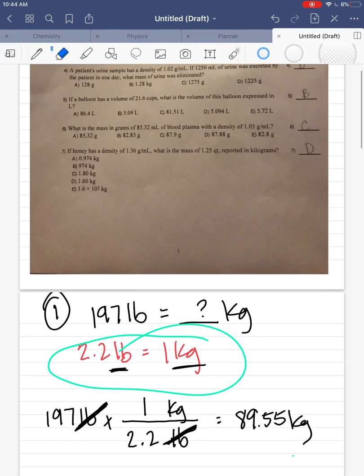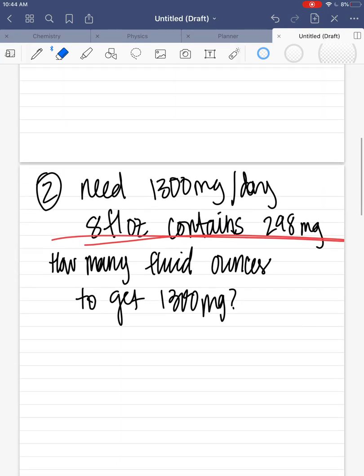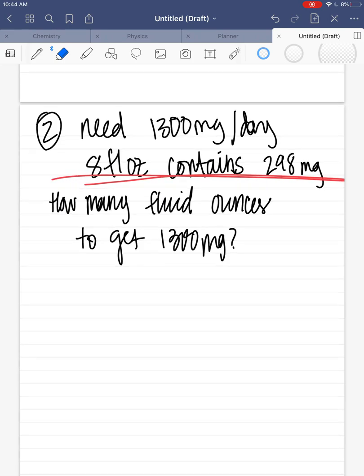Okay, so again, this is one of those problems where your professor keeps using the same units over and over. So there's probably a couple of conversion factors that you need to memorize. Whether or not I'm going to use them in these problems is another story.